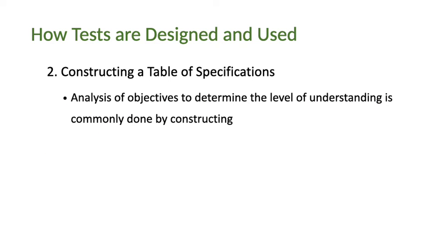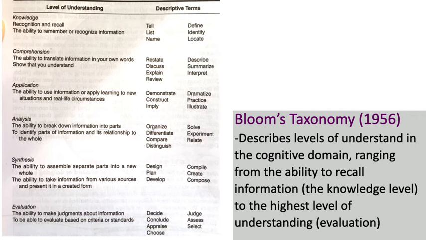The second step in test design is to construct a table of specifications. So you are going to do some analysis of the objective you just set. Analysis of the objective to determine the level of understanding is commonly done by constructing a table. We use Bloom's taxonomy. It's very classic. It was developed in 1956.